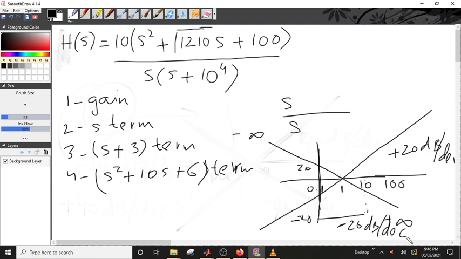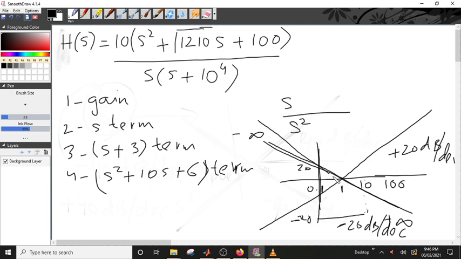Now if this s is s square, then everything will remain same. But as it's a pole, this line was for a single pole, but now it's two poles, so what we have to do is just make it 40 dB per decade, right?